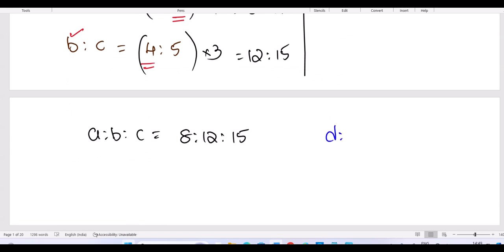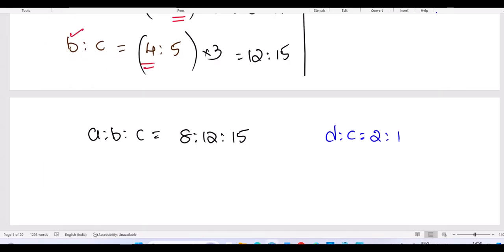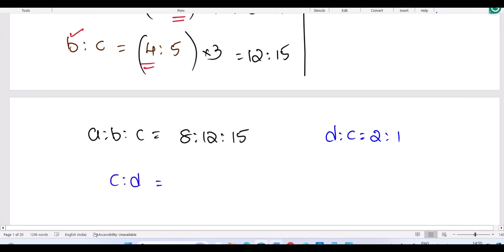D and C ratio is given as 2:1. Actually this is not in proper order. This ends with C, so the next one must start with C. I need C is to D, which is 1:2.